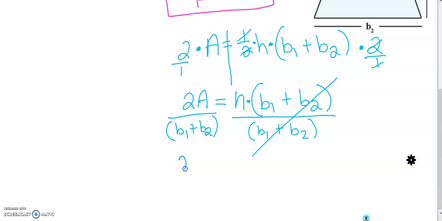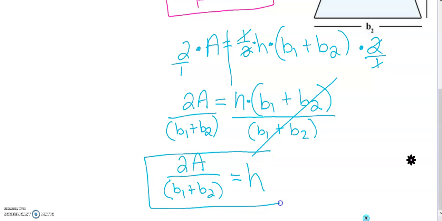On the left side, I have 2A over B1 plus B2 equals H. You might also see it this way, 2A over, and without the parentheses, B1 plus B2 equals H. That would be okay as well, because the bottom of the fraction is already a symbol of grouping when you have an expression in there.